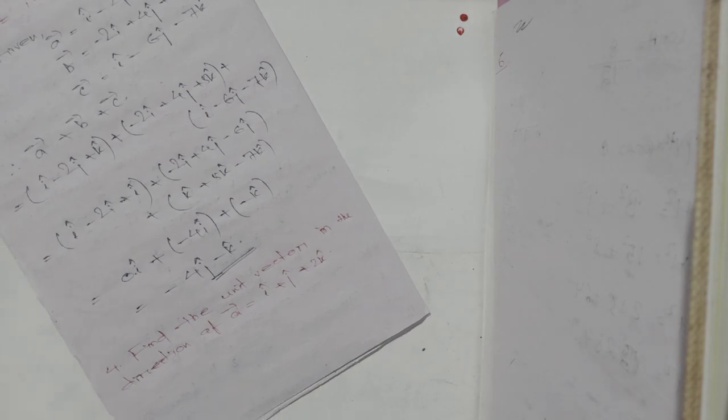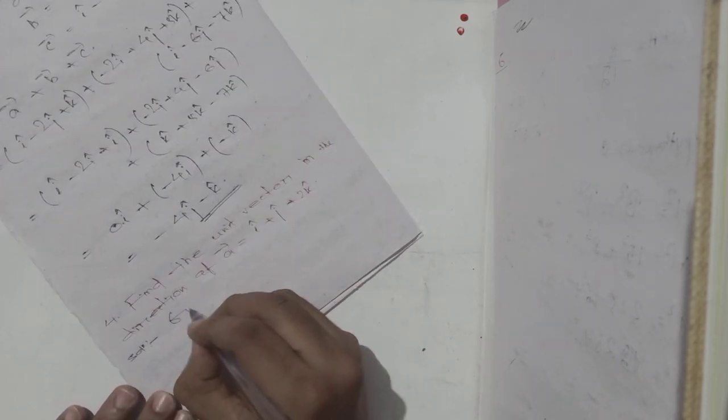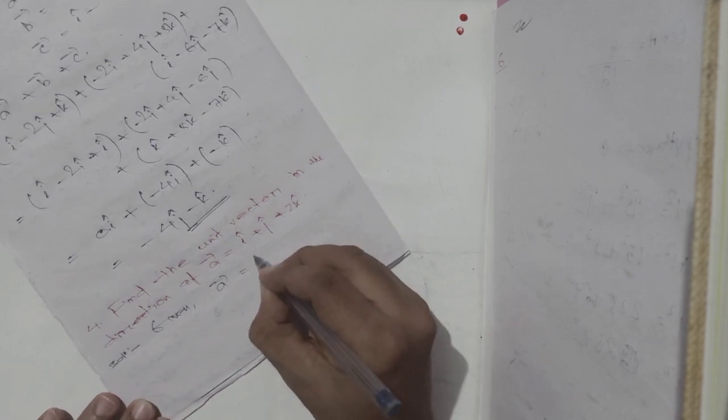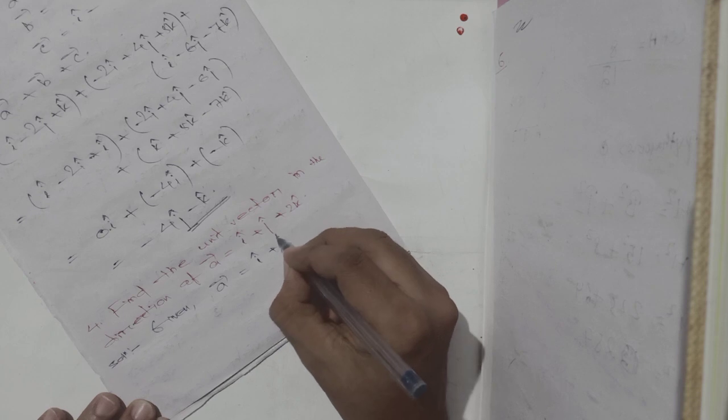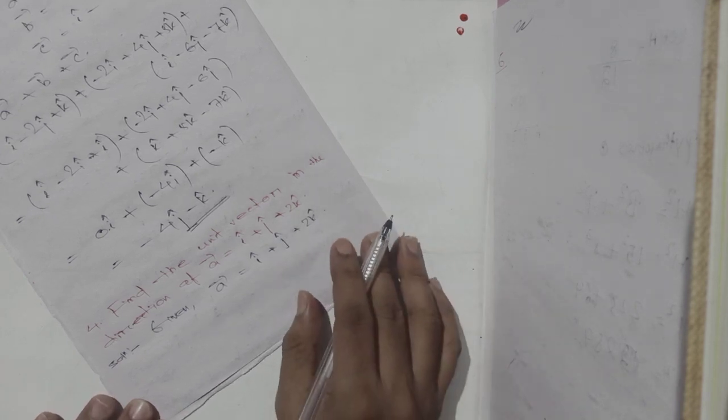So students, we know that, solution: given vector A is I cap plus j cap plus twice k cap.